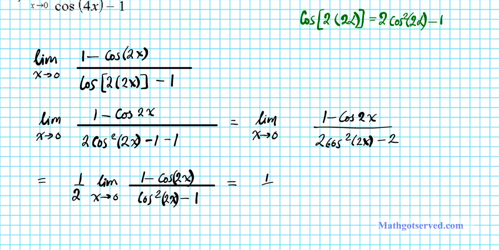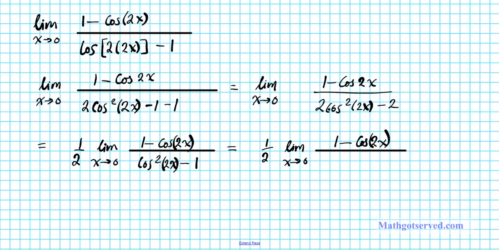So I have 1/2 times the limit as x approaches 0 of 1 minus cosine 2x divided by the factored form of my denominator, which becomes cosine 2x minus 1 times cosine 2x plus 1.